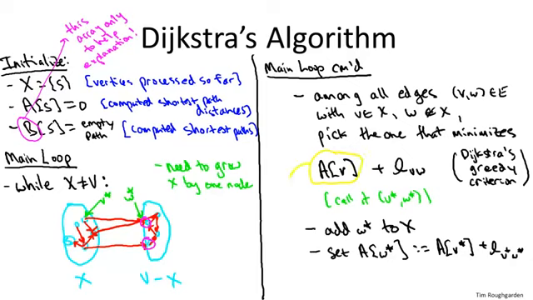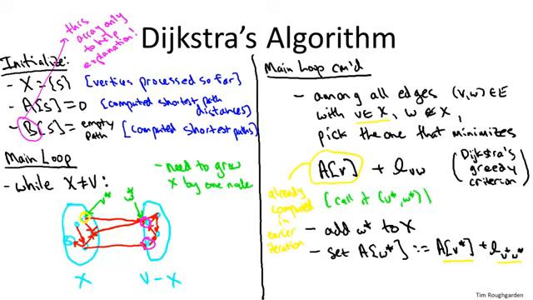Now, a key point is to realize that this code does make sense. If you think about this quantity A of V star, it has been previously computed. That's because an invariant of this algorithm is we've always computed shortest path distances to everything that's in capital X, and V star was a member of capital X. We had already computed its shortest path distance, so we can just look up the V star entry in the array A. So over in our picture on the left, we would just ask, what did we compute as the shortest path distance to V star previously?